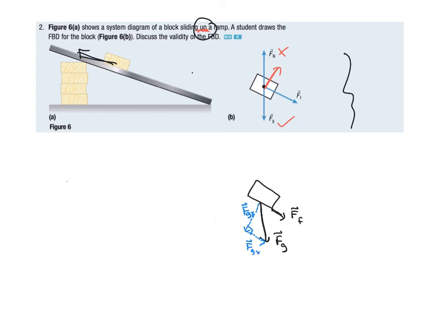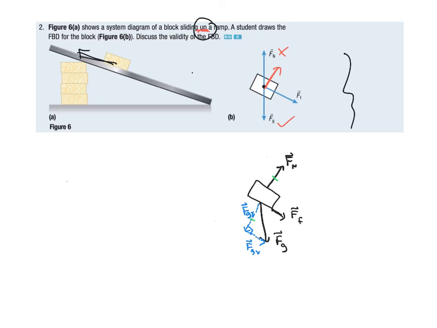By doing that, I can now have a better idea of how long I'm going to draw the normal force. I'm going to draw the normal force to be the same size as FGY. So I'll make a tick mark there in green.